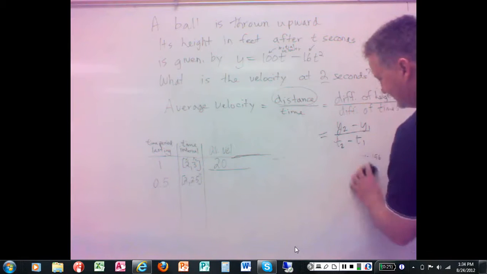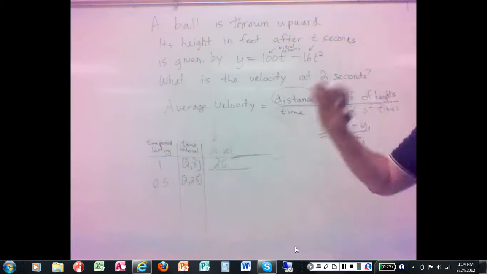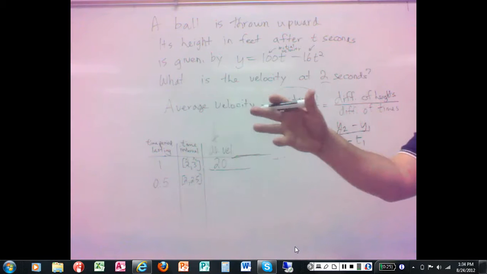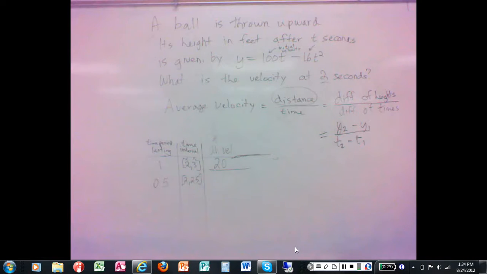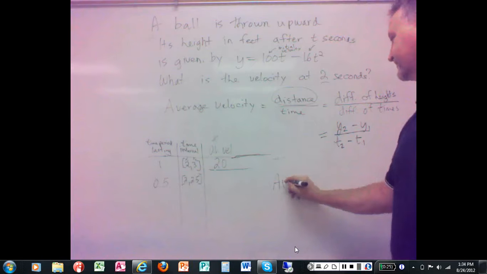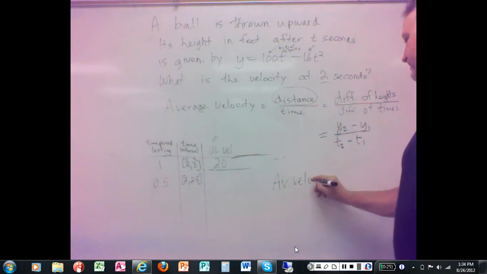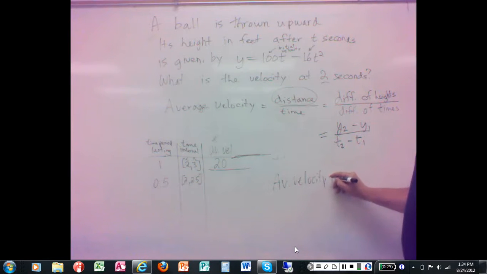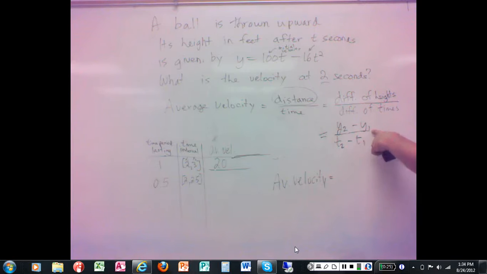Let's get an average velocity function, if you will, to plug into our calculator here, just like we did on the slopes. So it'd be y2 minus y1. Well, here's the thing. Aren't those two locked in?